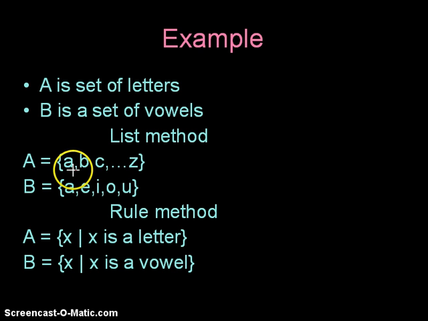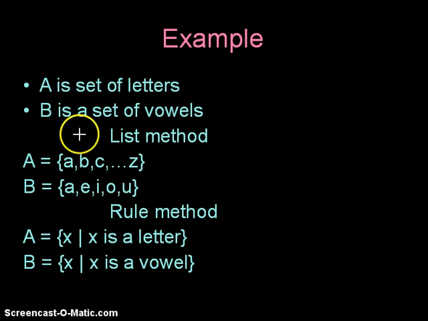We just list them down. So we write A, B, C, and the three dots represent all the other letters between C and Z.